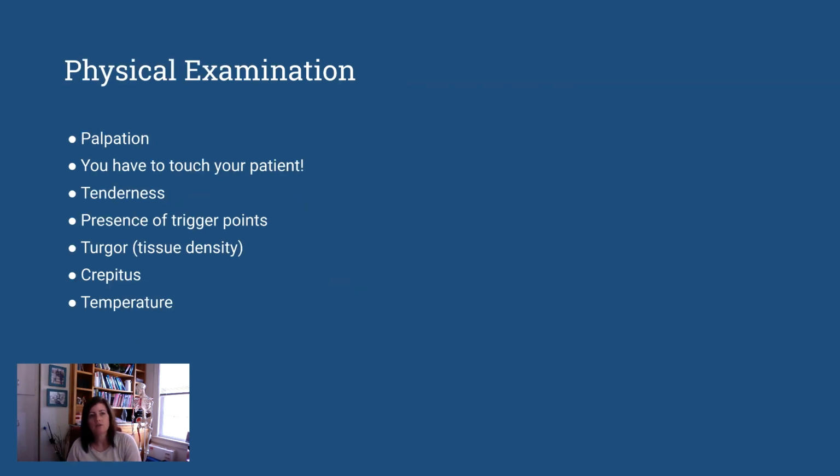In terms of the physical examination, I tell PT students all the time when they come into the clinic, you just got to touch as many people as possible. You got to get your hands on everybody, because that's the only way that you're going to feel what feels normal, what doesn't feel normal, and you're going to be able to tell the difference. So you want to be able to assess tissue turgor, which is kind of like a tissue density.